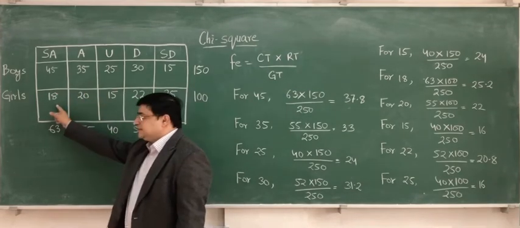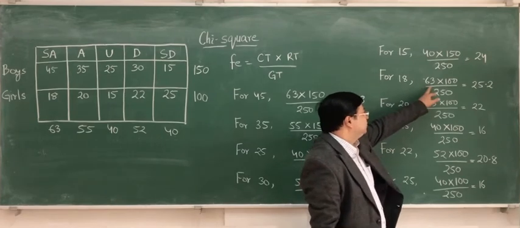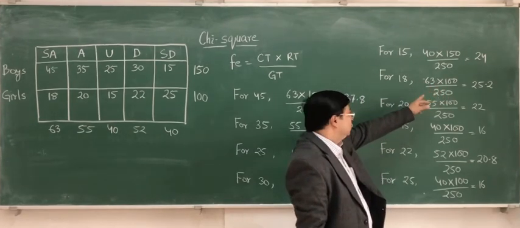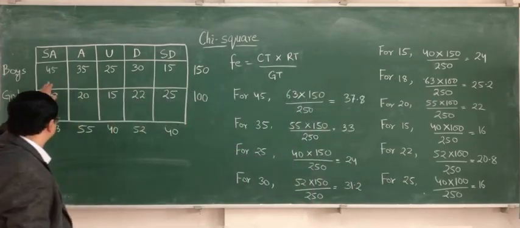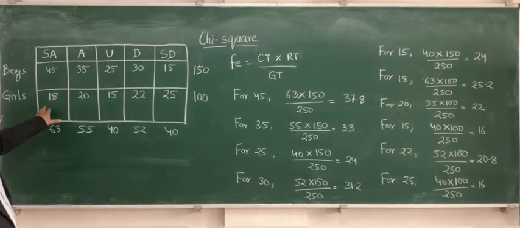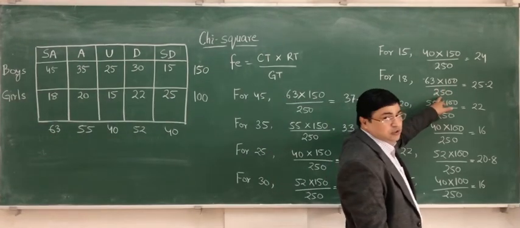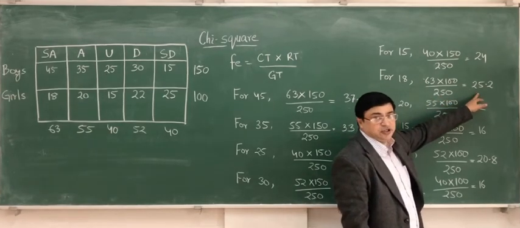For the girls, from here, 63 is the column total. So column total, if you see, it is 63 and the row total is 100. And grand total is 250. So the answer is 25.2.